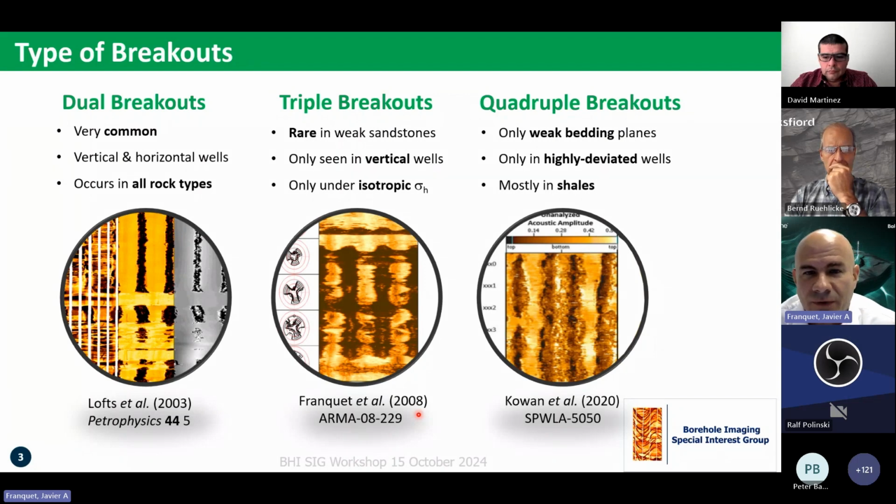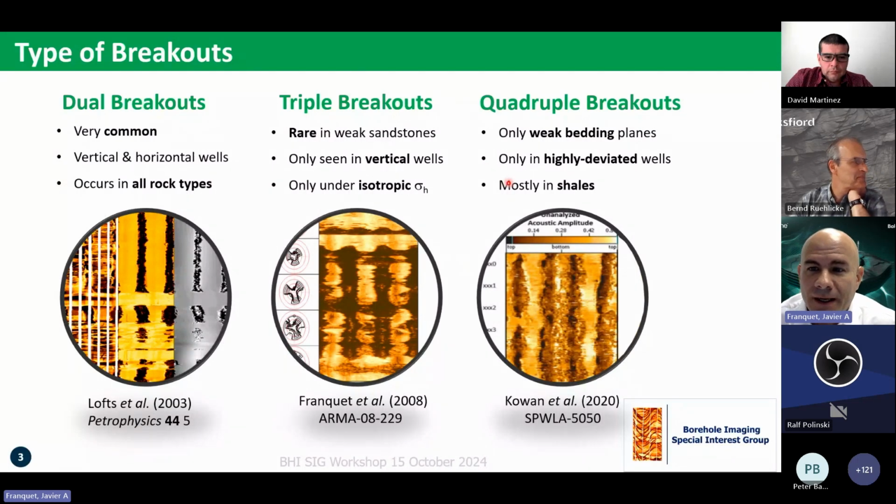So it was not unique to a particular well. We see them across the field. One of the unique things about this is that they happen under isotropic stress conditions, which is very rare, and they were actually reproduced in the lab. I'm going to talk more about this. Because it is isotropic stress, you don't get a stress direction out of triple breakouts.